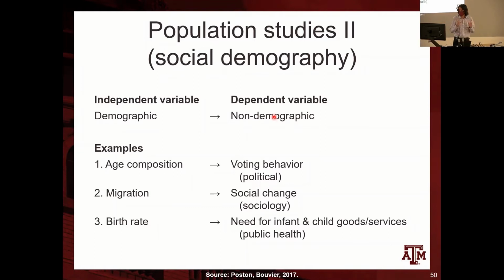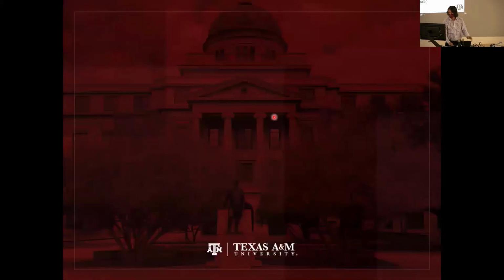But this is just to show that the important analysis we have in demography is not necessarily just looking at demographic variables. We are looking at associations between demographic variables and non-demographic variables, okay?